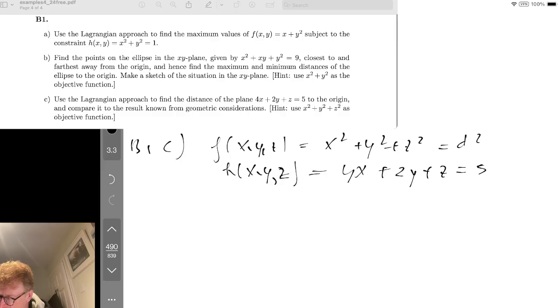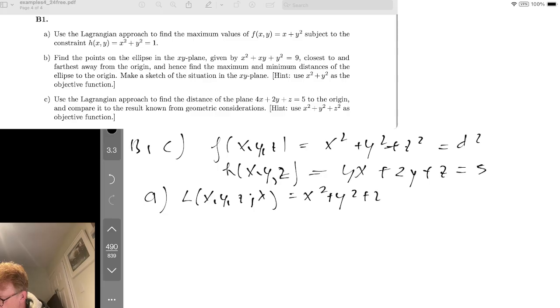So L of x, y, z, lambda is x squared plus y squared plus z squared minus lambda times 4x plus 2y plus z minus 5, and then B is the FOCs.